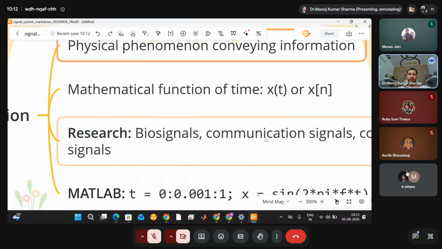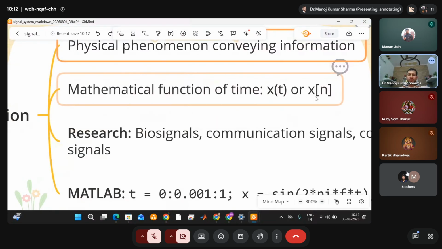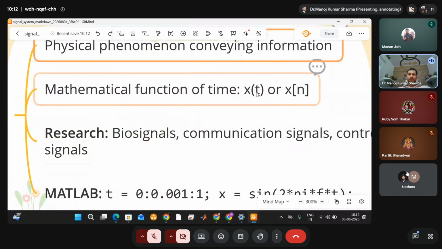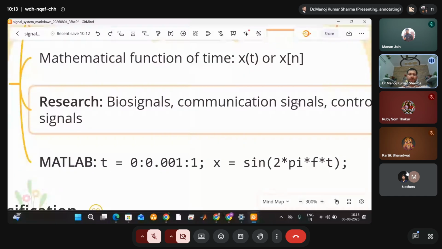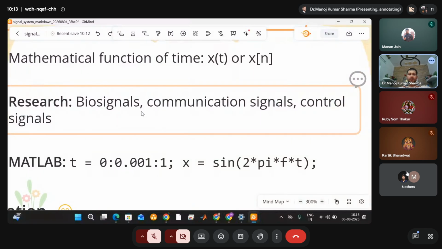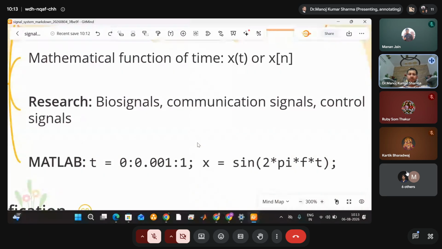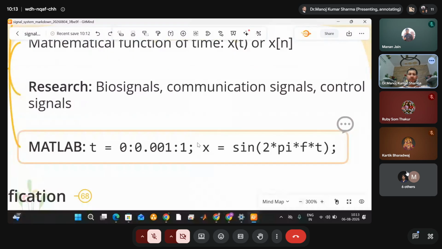And we can write it in a mathematical form, that is x(t) or x[n], where x(t) represents the continuous time signal and x[n] represents the discrete time signal. For example, biosignals, communication signals, and some control signals. These are some examples of signals.